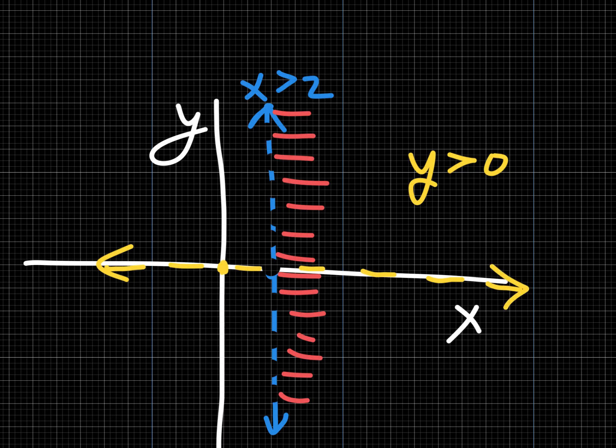The x-axis is y equals 0? Yes, it is. The x-axis, if you wanted to graph it, or graph something on it, you'd type y equals 0. But I said y is greater than 0, so I made a dotted line. And now I'm going to shade, drum roll please, greater than, above it.